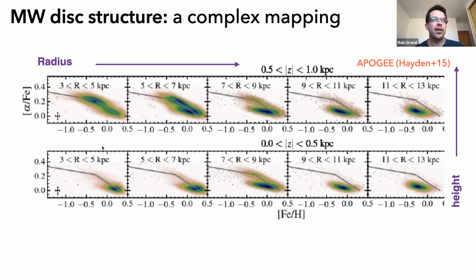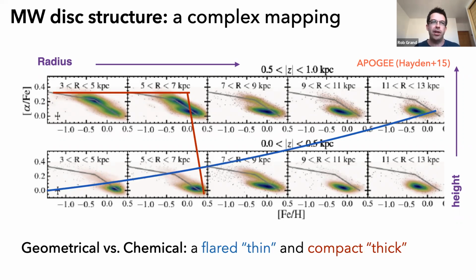Interestingly, if we try to map directly this high-alpha thick disk to the geometrical thick disk, and the same with the low-alpha sequence, we do not find quite a simple mapping between these two definitions. Actually, it looks more like this.